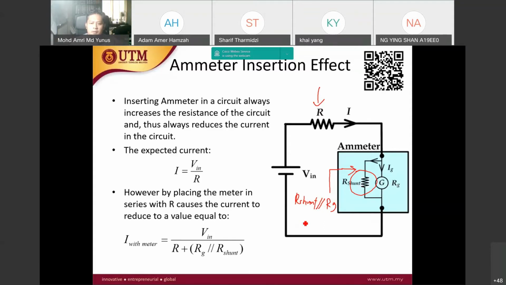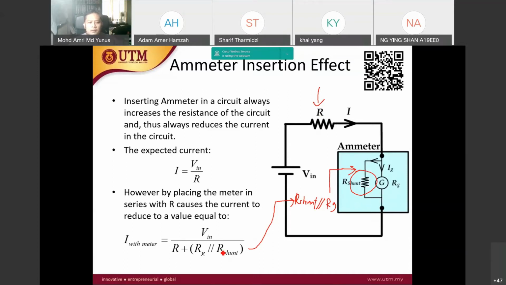This is the equivalent internal resistance. So when we connect the ammeter in series, the effective resistance of the whole circuit will be R plus the equivalent internal resistance of the ammeter.